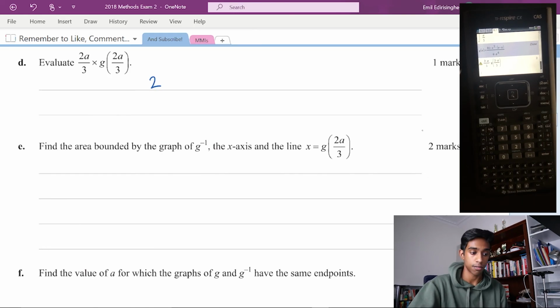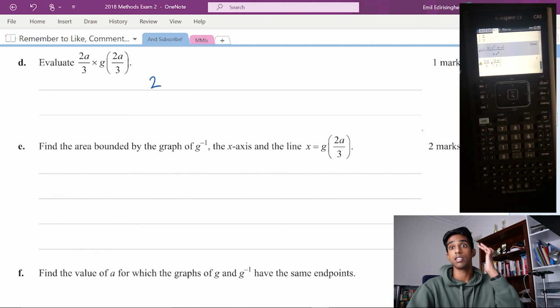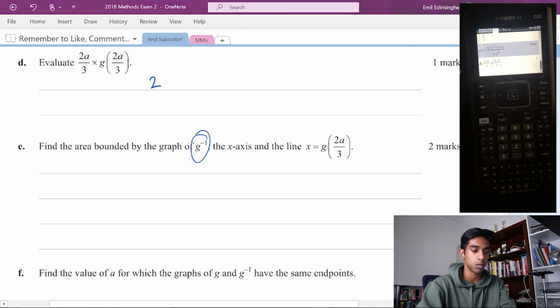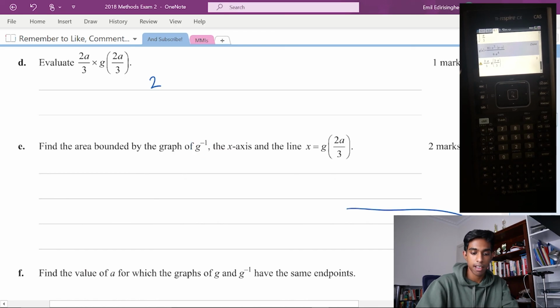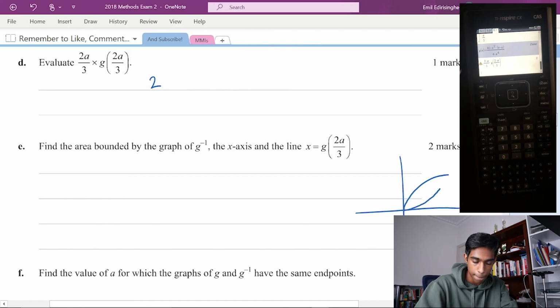So now they ask us to find the area bounded by the graph of g inverse, the x-axis, and the line x equals g of 2a on 3. So if we visualize what this will look like, if we have our g of x, which would be something like this, our g inverse of x is going to look like this.